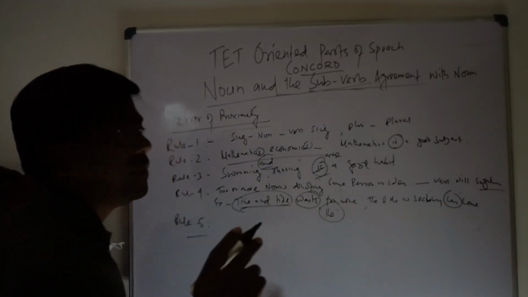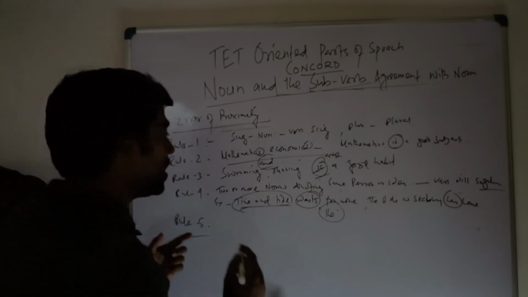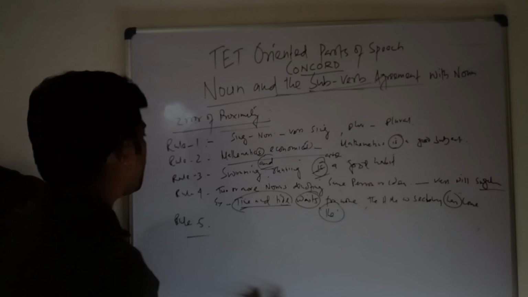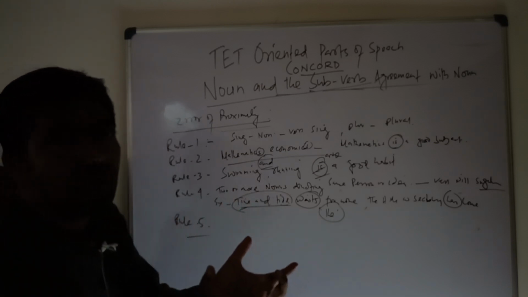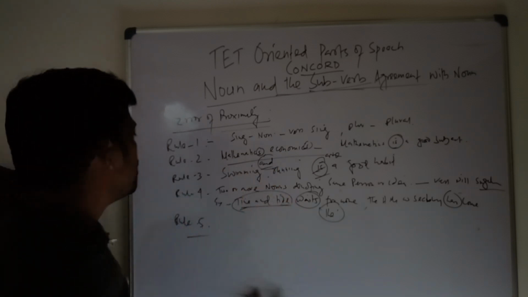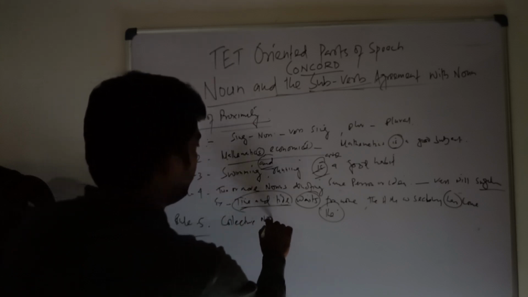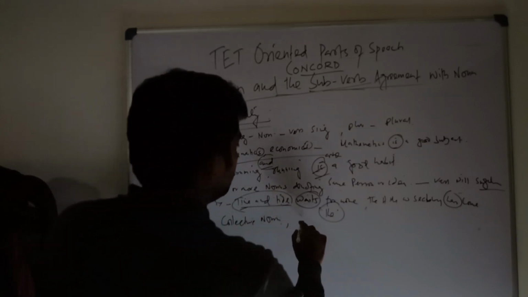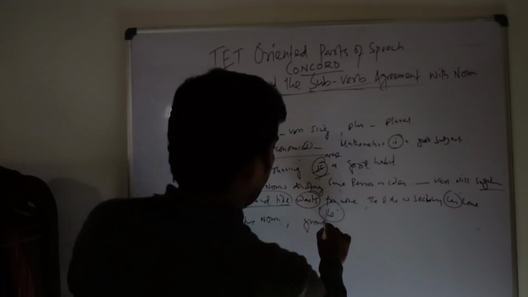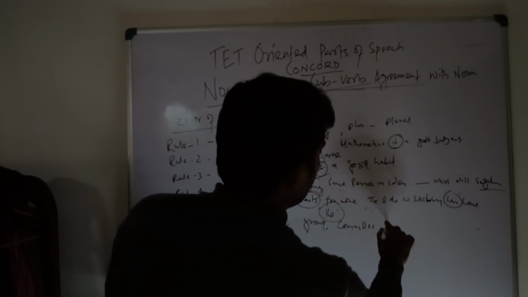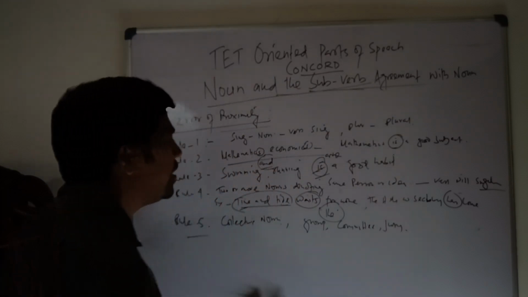Rule 5. The collective noun. The collective noun always takes a singular verb because it is thought of as a whole, as a unit. So collective nouns: group, committee, jury.